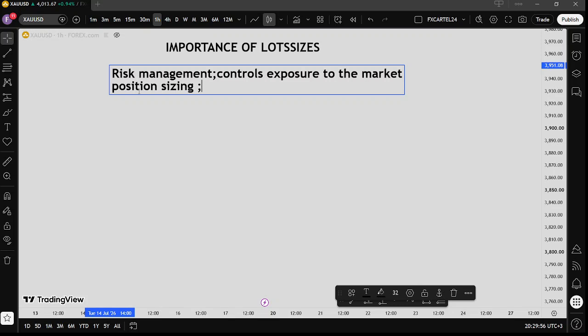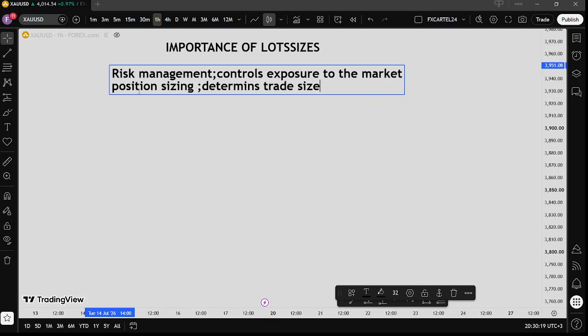These ones are all under the other one. So position sizing determines trade size.